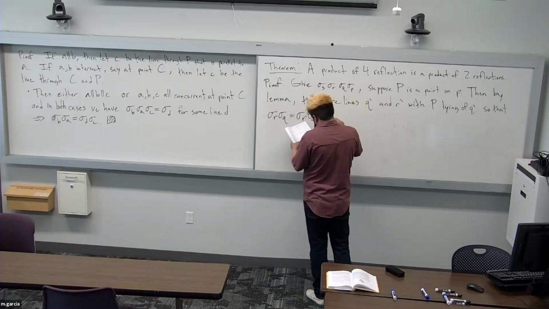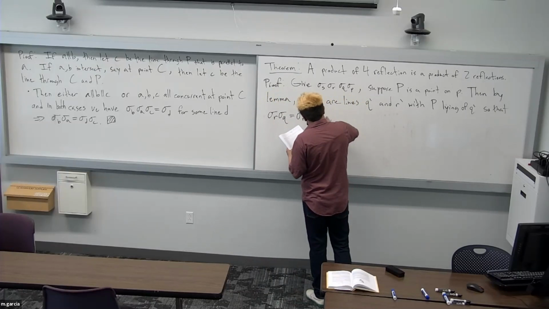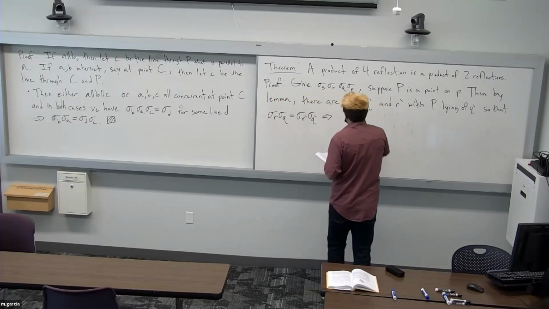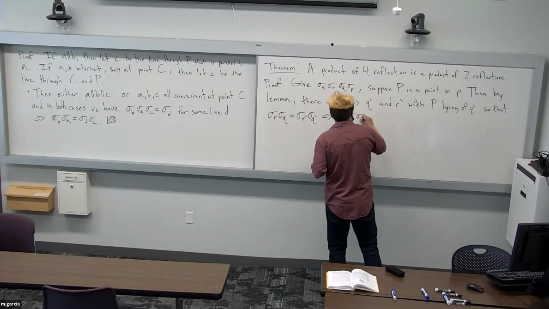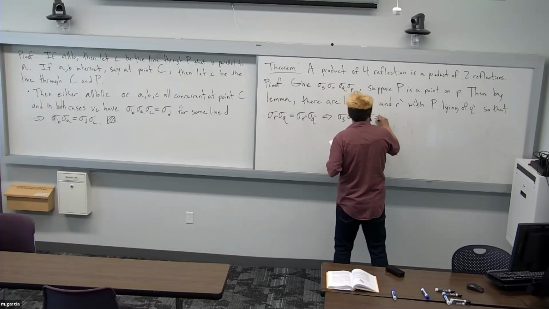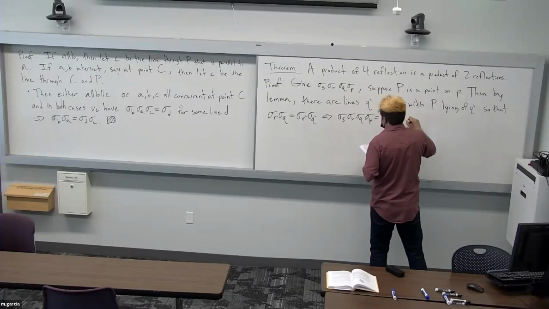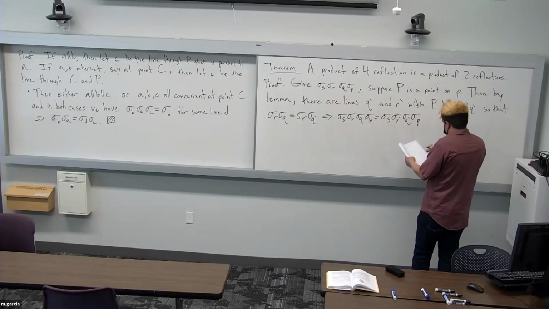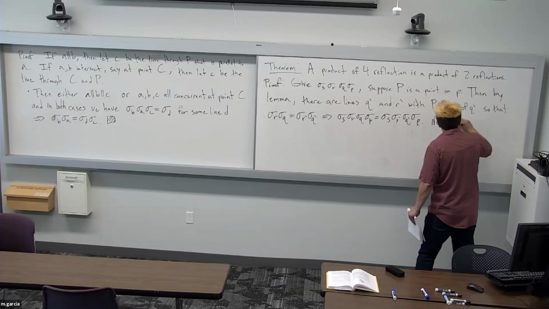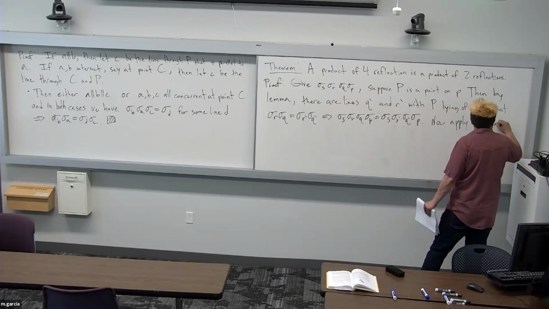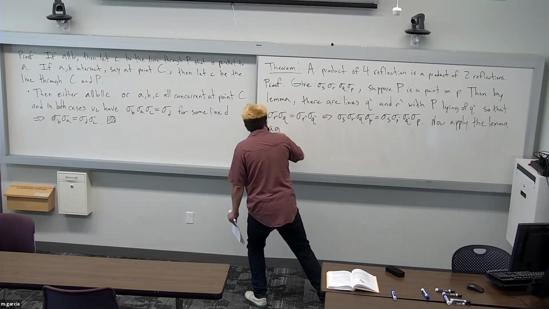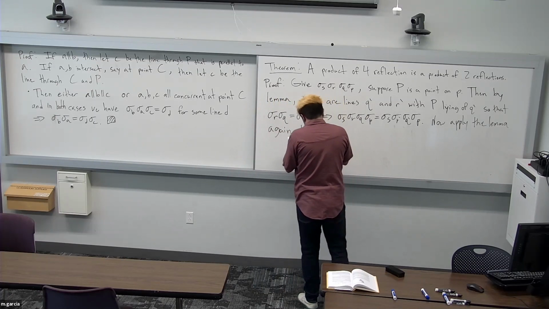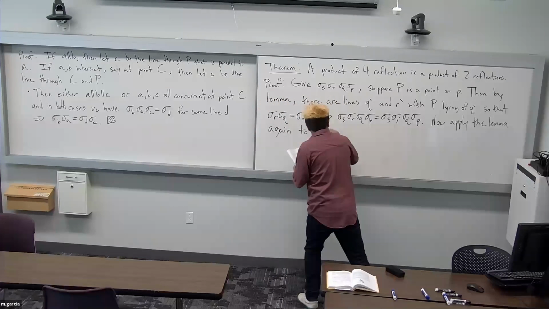Sorry, it's a Q. Kind of looks like an A. So our product of 4 things can be rewritten this way: sigma S, sigma R prime, sigma Q prime, sigma P. This time we'll use the lemma on sigma S, sigma R prime.